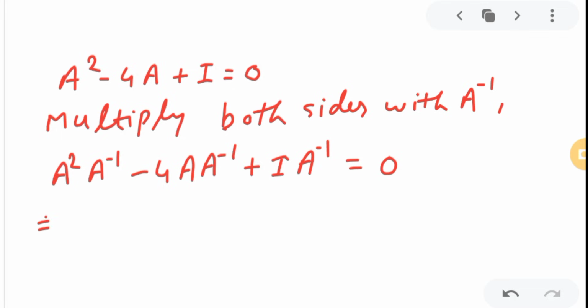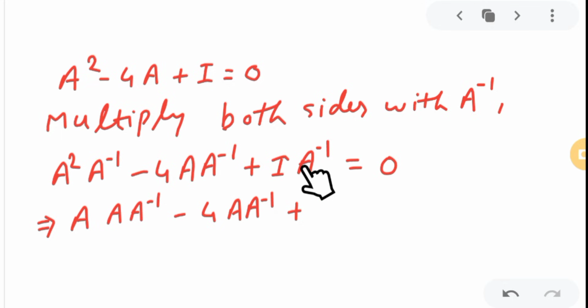Correct. So on the left side, A square A inverse: A square means A into A, so I am writing A into A into A inverse, minus 4 A into A inverse, and plus I into A inverse, which will be A inverse only, because I is nothing but 1, like 1 into 2 is 2 only, and 1 into 5 will be 5 only.